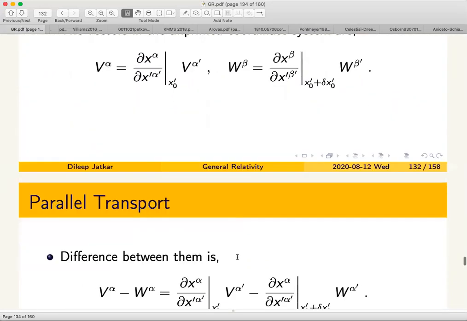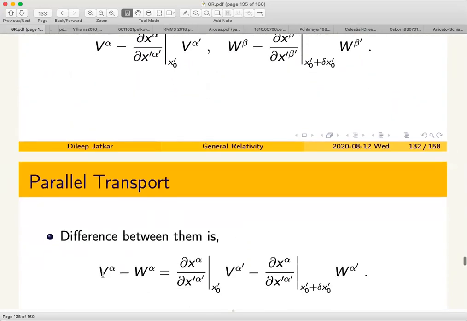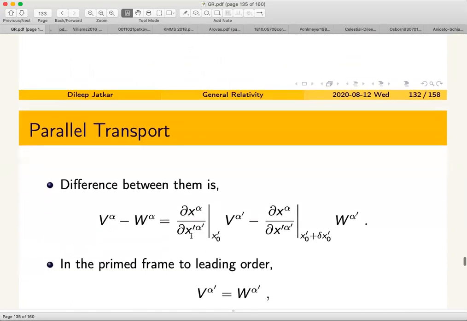We want to know the difference between these two vectors. That is just substituting the expressions, del x alpha by del x prime alpha prime, once at x naught prime and once at x naught prime plus delta x naught prime.